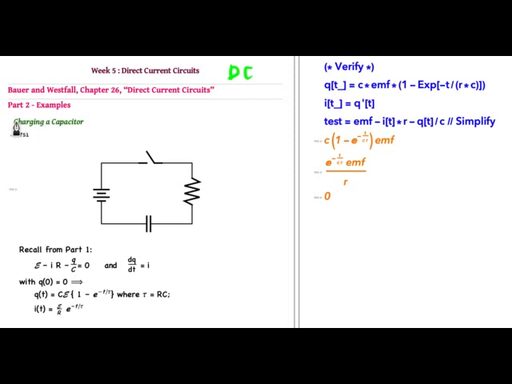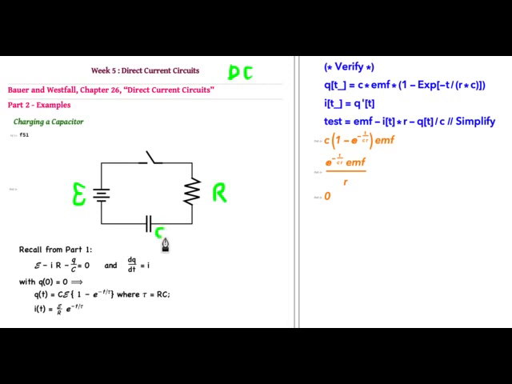Here's an example that we already considered in part 1, charging a capacitor. So we have here a circuit with a battery, and it will have an EMF E, some number of volts, a switch, a resistor, it will have resistance R, and a capacitor.